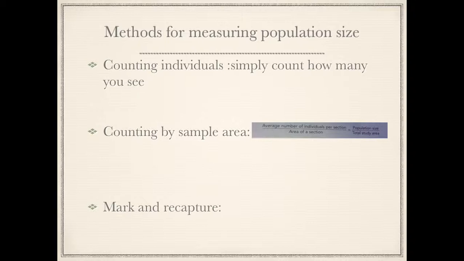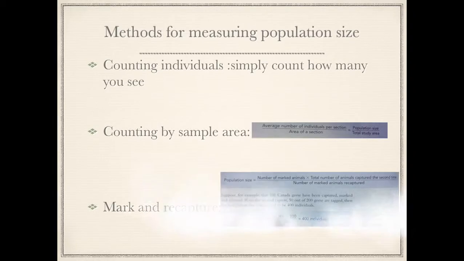You would always be given, or you would always know, 3 out of the 4 variables. For mark and recapture, it's a little bit weirder. You've got a population size, which is equal to the number of marked animals times the total number of animals captured the second time, and you divide that by the number of marked animals that were recaptured.